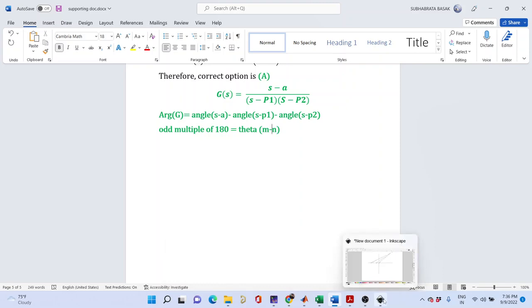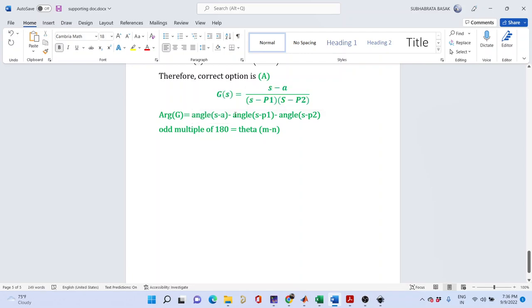I'm getting it. I just remember the formula for the angle of asymptotes. Yeah, I'm asking how has that formula come? You have to know what is the philosophy behind the formula. Anyways, this is extra information I just gave you. So this is how the formula has come into existence. So you understand this is the angle which is contributed by the zero.